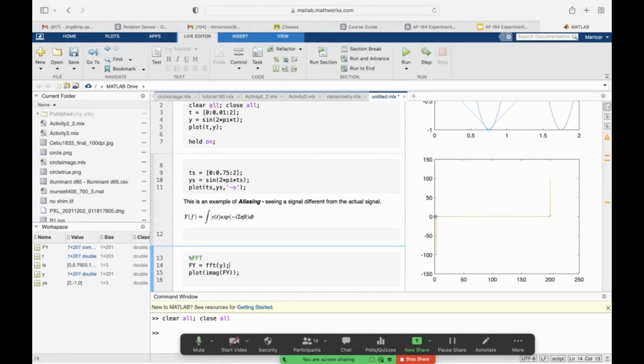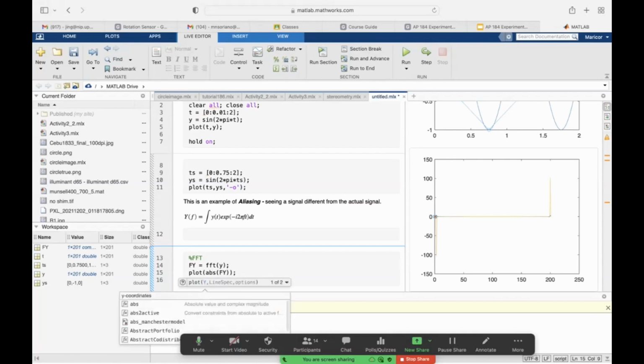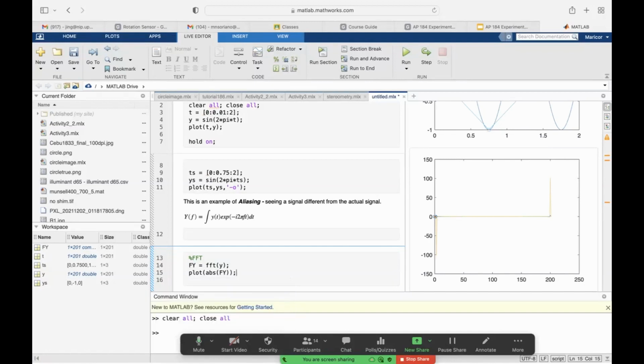Okay. Now, normally, what we're after is the modulus or the absolute value. What is the absolute value? It's the square root of real squared plus imaginary squared. When we take the absolute value of Fy, it's as if we squared the signal and then took the square root.